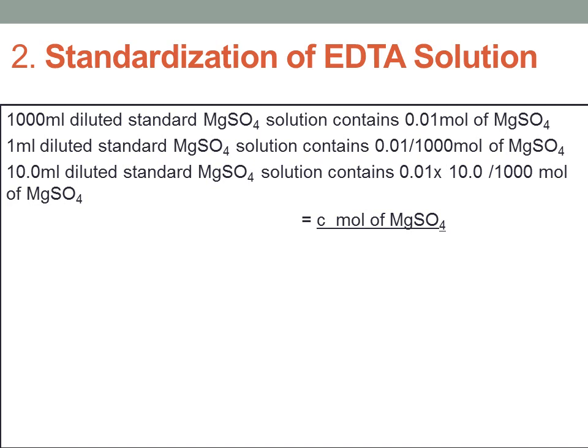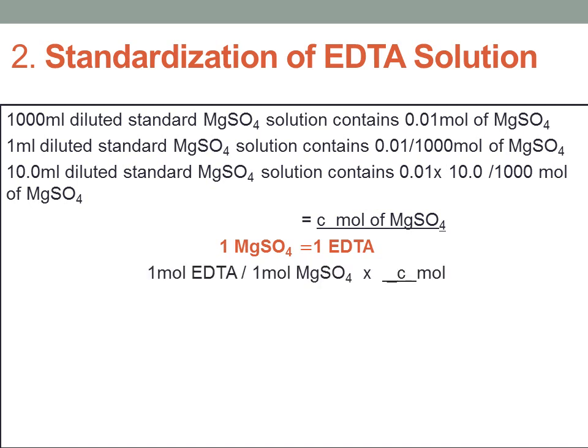The important thing after this calculation step is you will apply the mole ratio formula here. What is the mole ratio between magnesium sulfate and EDTA? 1 mole of magnesium sulfate is equal to 1 mole of EDTA.